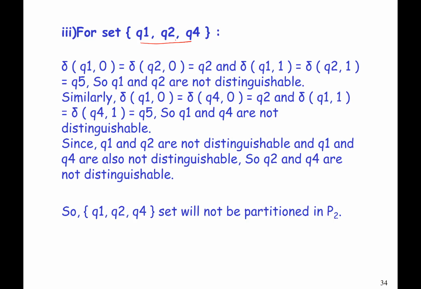Obviously, by looking at the transitions, Q1 and Q2 on an input 0 or 1 are not distinguishable, and similarly Q4 and Q1 are not distinguishable. So we look at pairs at a time to see if they are distinguishable or not. So Q1 and Q2 are not distinguishable. Q1 and Q4 are not distinguishable. So by the property, Q1, Q2, Q4 are not distinguishable.